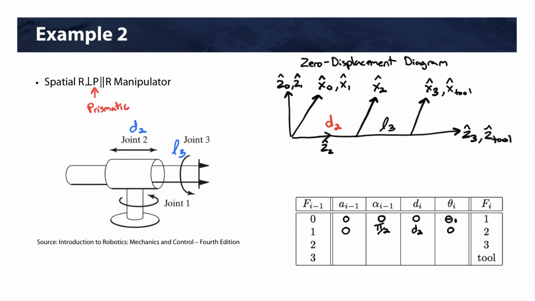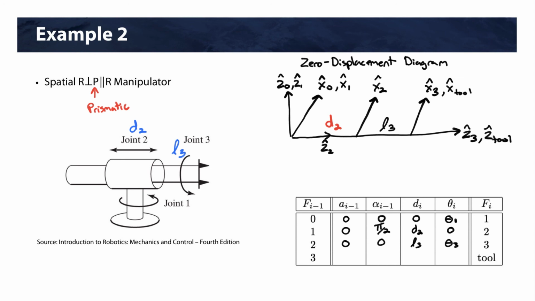Okay, there is no distance between Z's, so this is going to be 0. Z2 and Z3 are collinear, so alpha is going to be 0. There is a distance between X's, so that's going to be L3. And then we have our theta 3 joint value.